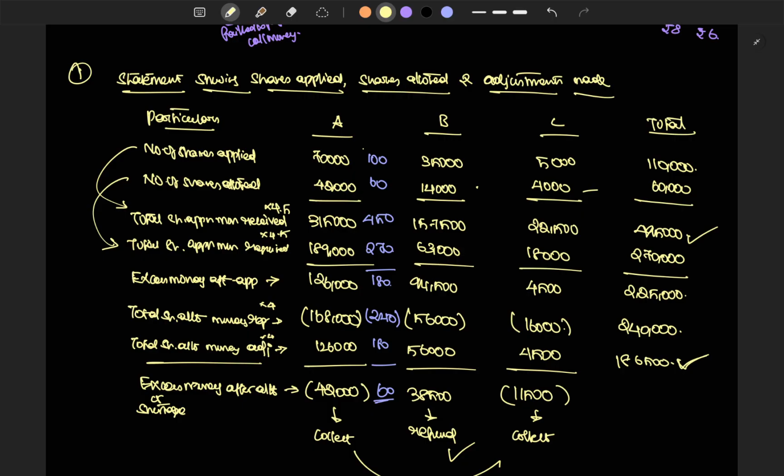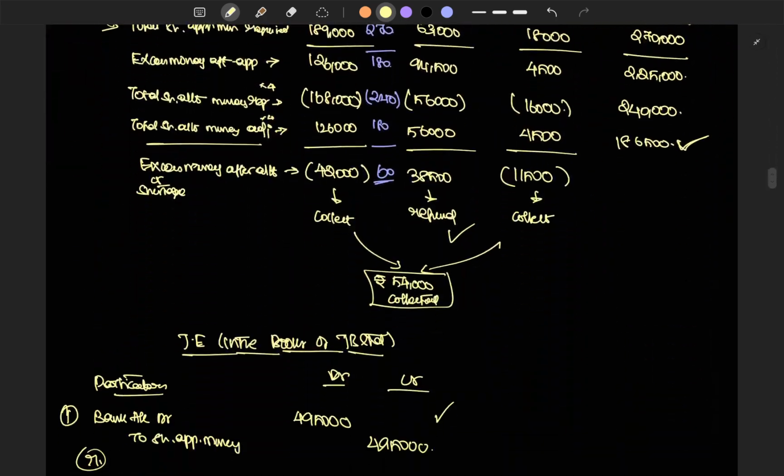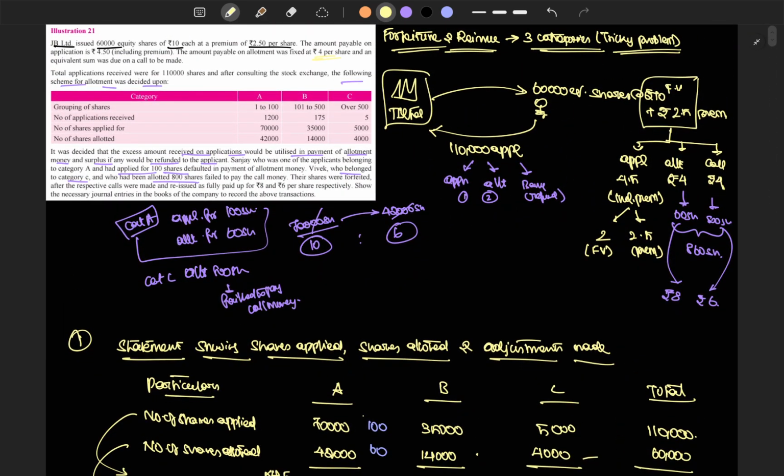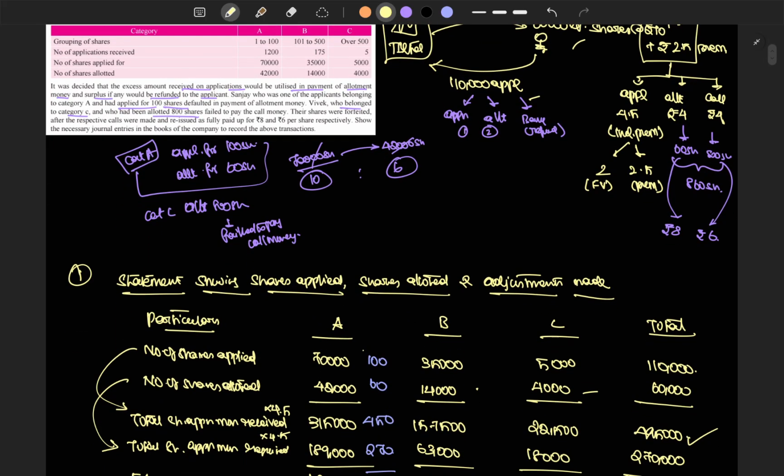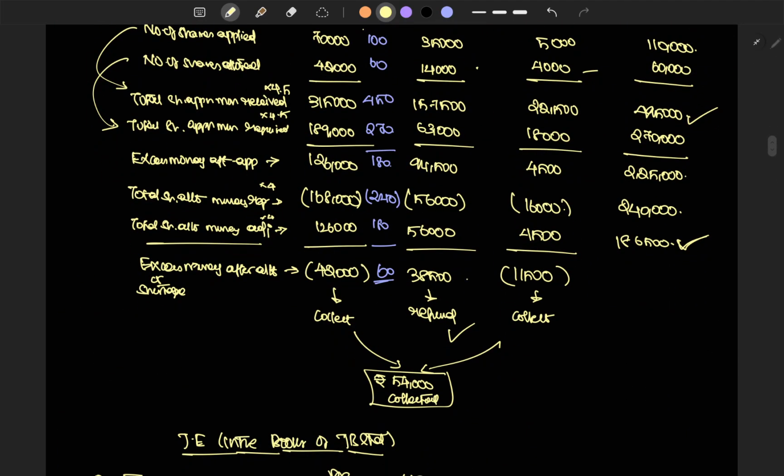First, we issued 60,000 shares, but we received applications for 1 lakh 10,000 shares, and we adjusted the excess money, and beyond any excess money after allotment, we refunded, that is this amount.